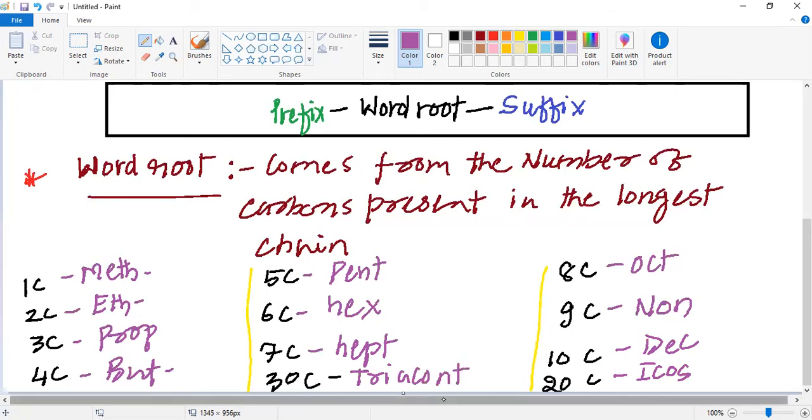So this is how, my dear students, we study the word root. Now, if you have any doubt, you can ask me, my dear students.